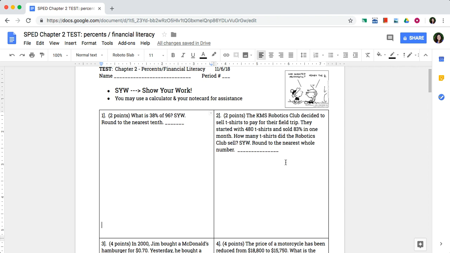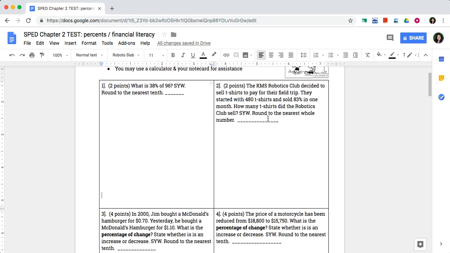All right. Number 2, the KMS Robotics Club decided to sell t-shirts to pay for their field trip. They started with 480 t-shirts and sold 83 in 1 month. How many t-shirts did the Robotics Club sell? Okay. They started with 480 and sold 83 in 1 month.